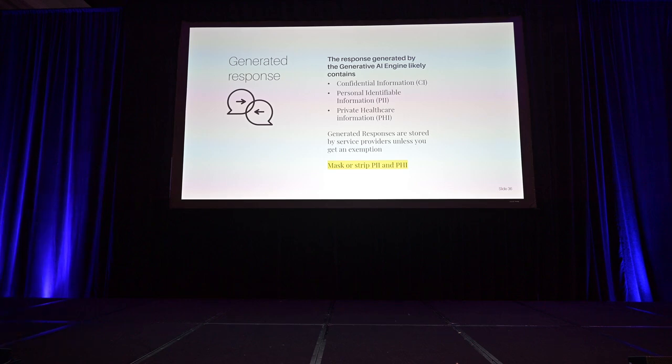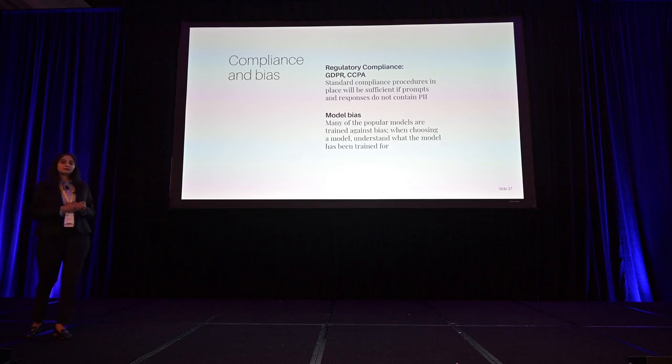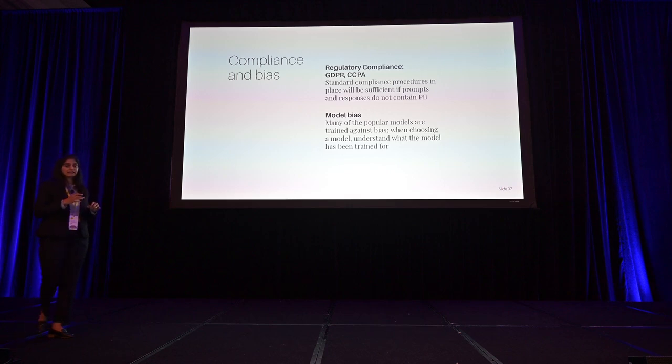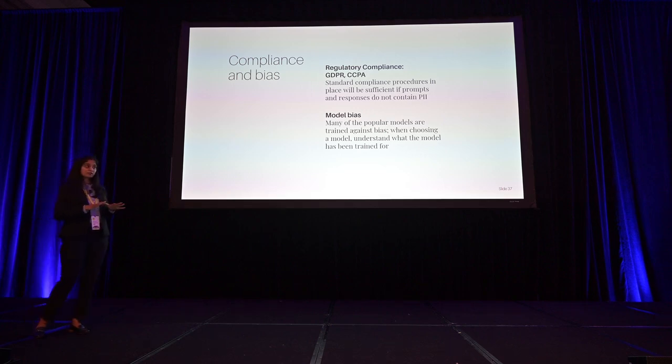The next kind of control you should worry about is: what about my GDPR compliance or my CCPA compliance? What are my standard compliance procedures when it comes to rolling out the AI solution? If you're ensuring that there is no personal, confidential, or PHI information getting into the prompts or the responses, then whatever you have today in terms of procedures for your GDPR or CCPA compliance, you can just stick to those.